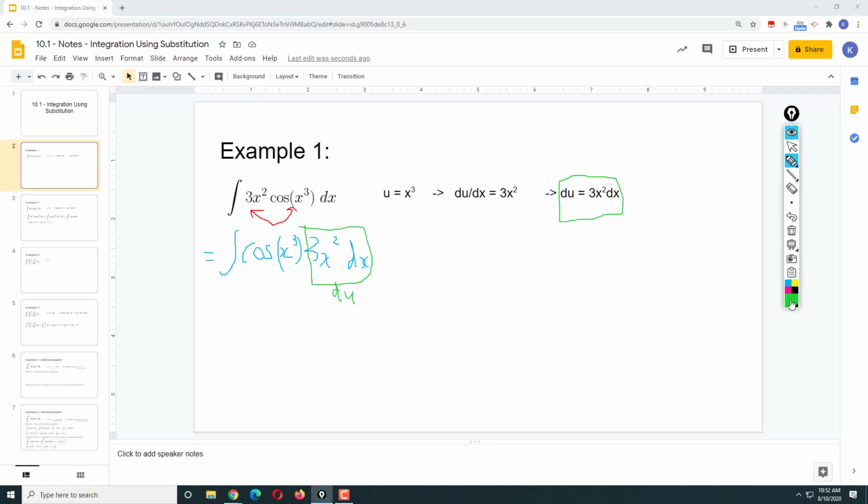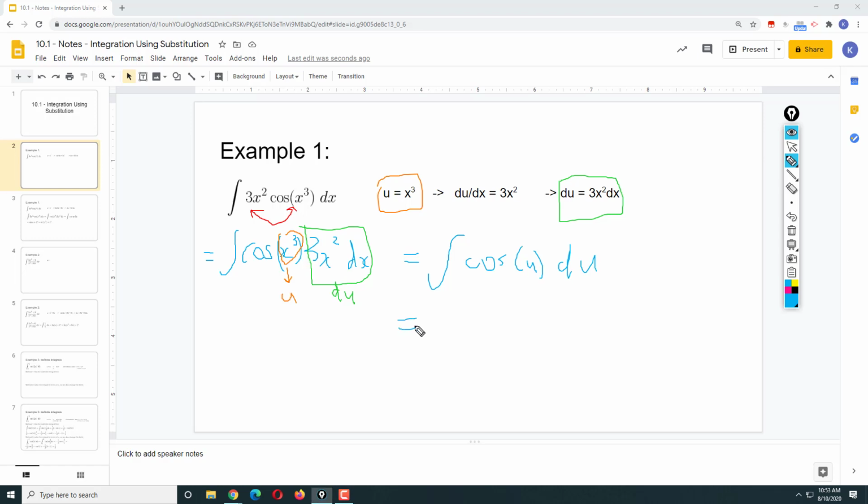So that's why this integral must be equal to, and also u is x cubed. So x cubed is u, 3x squared dx is du. So I can change my variables. So cosine x cubed becomes cosine u, and 3x squared dx becomes du.